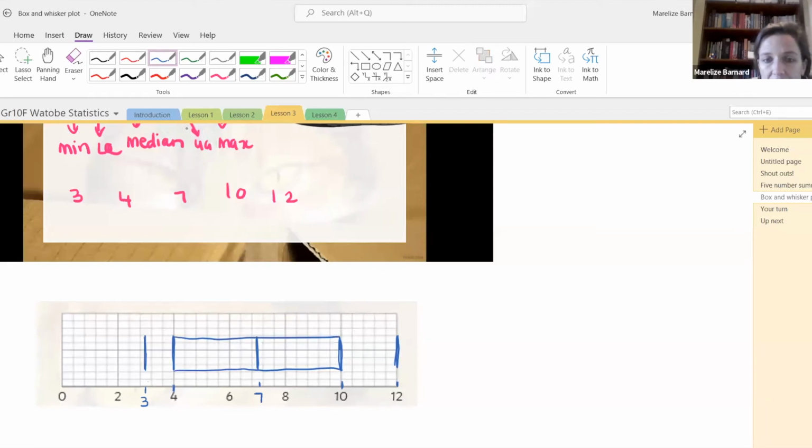And from the center of your box, you draw a line to the lowest value, the min, and then a line to the max. And this is called a box and whisker plot because it's got a box and then two little lines that come out at the side.